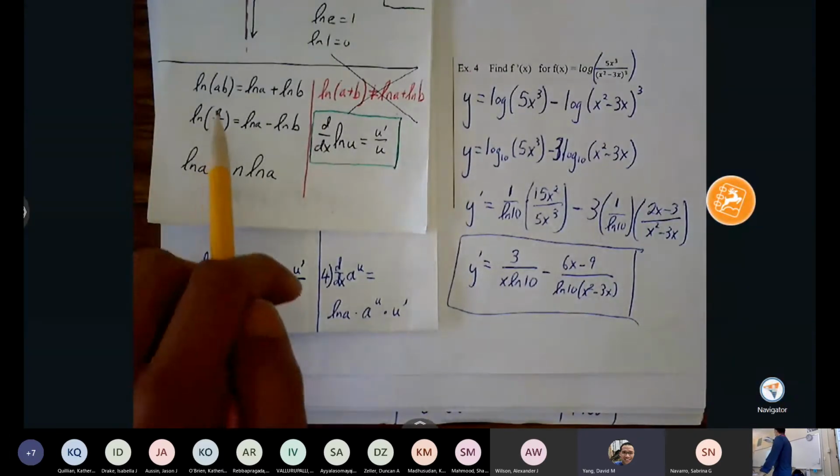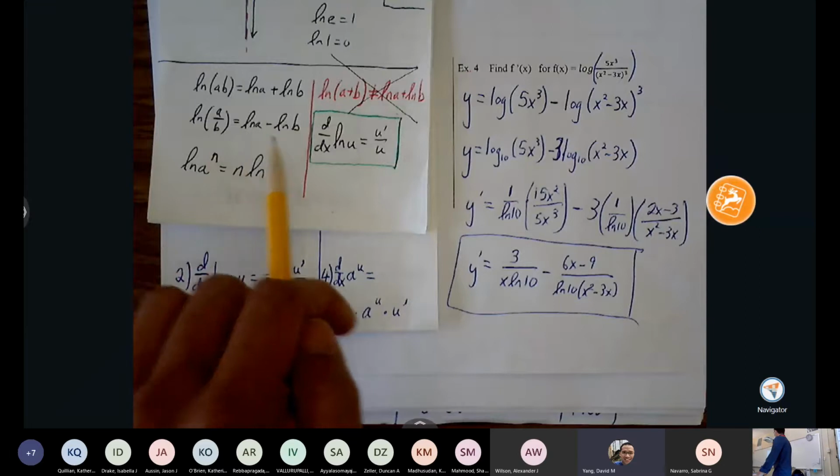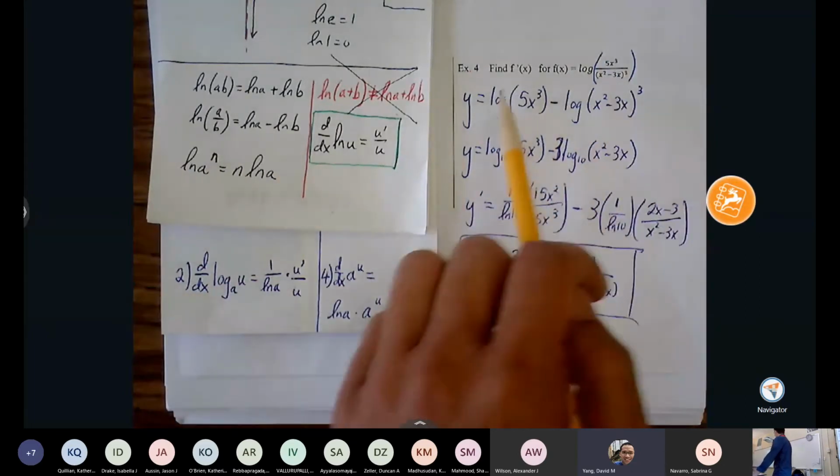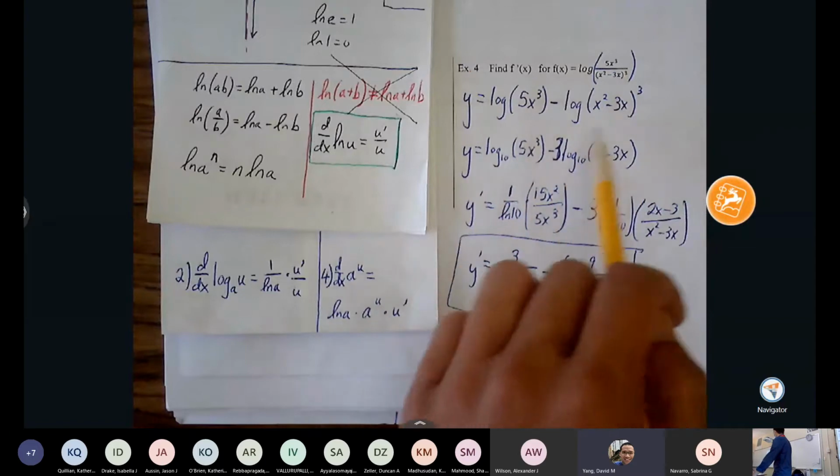Just like how we can turn natural log of a over b into natural log of a minus natural log of b, if I have log of a over b, I can expand it into log of a minus log of b.